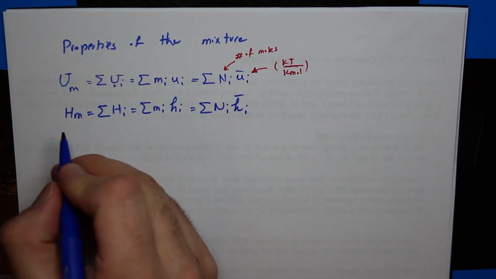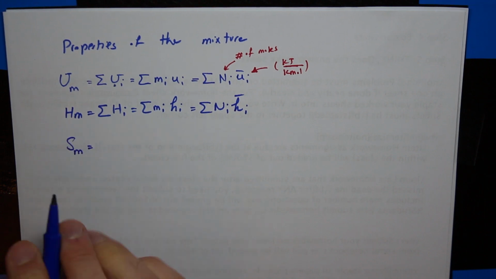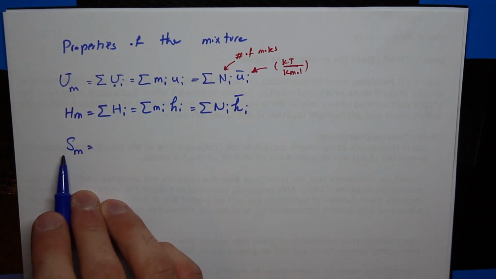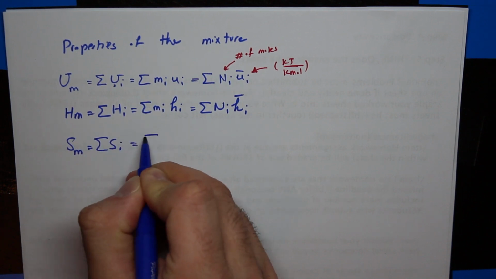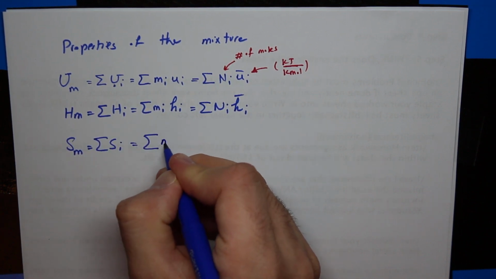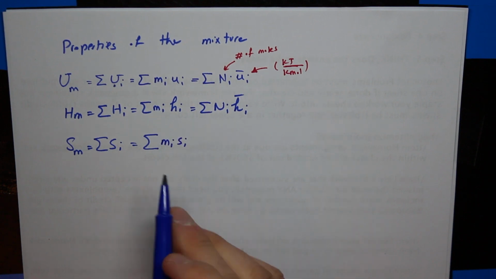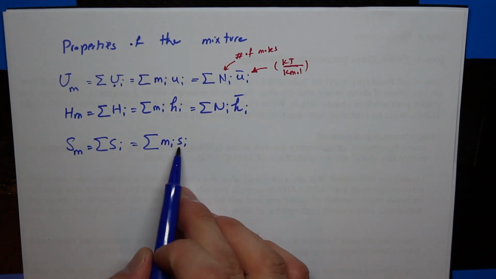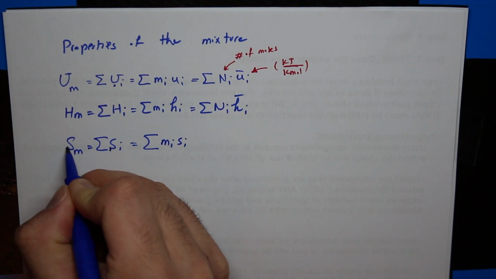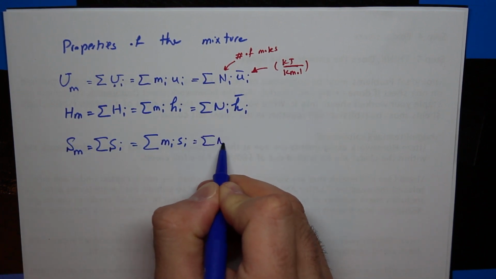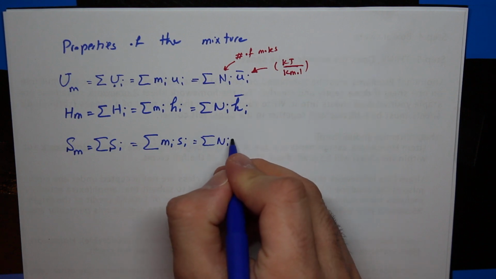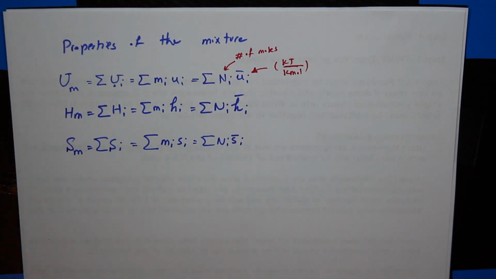Okay, I can do the same thing for entropy. So this S is entropy, which is equal to the entropy of each of the component, which is equal to the product of mi si. So this is uppercase S and this is lowercase s, which is also equal to number of moles for each component multiplied by s bar i.